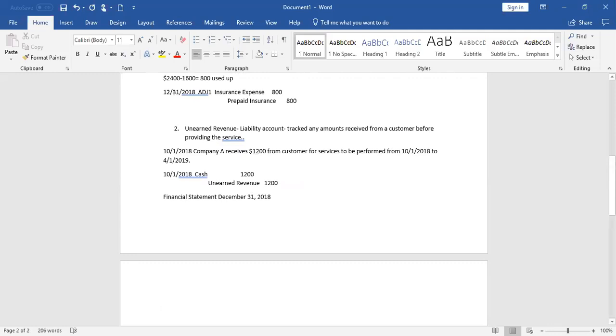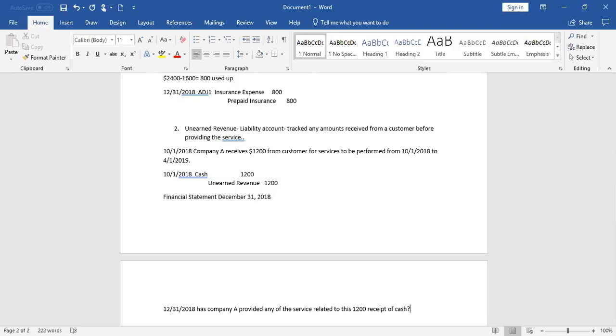Okay. And we go, wait, we got to do financial statements. We have to make sure all of our revenues and expenses are recorded. So this deals with revenue. So the question is, as of December 31st, 2018, has Company A provided the service, any of the service, related to this $1,200 receipt of cash?